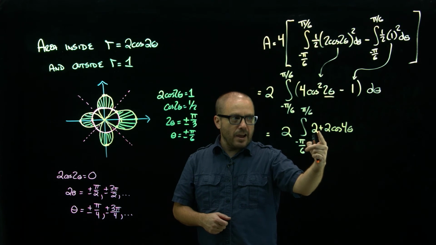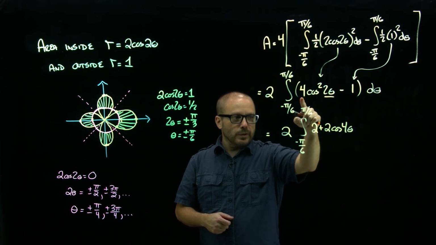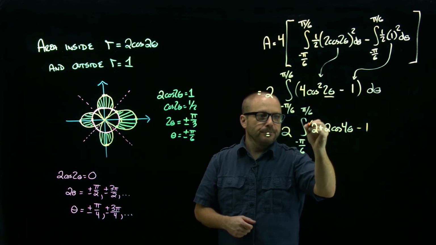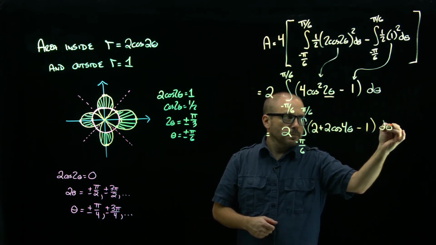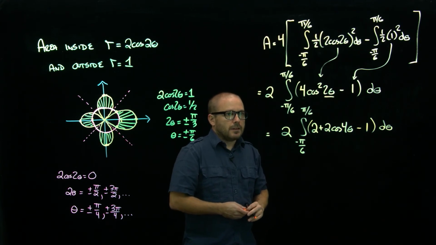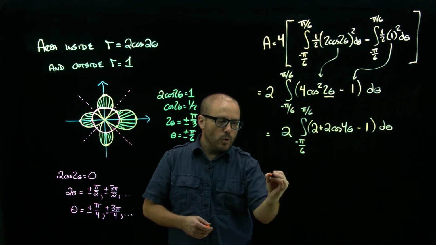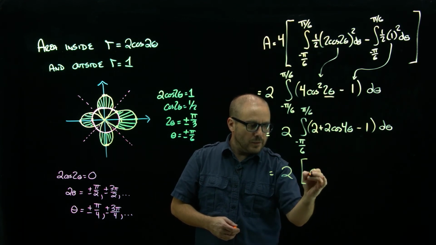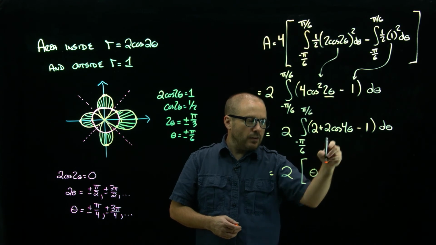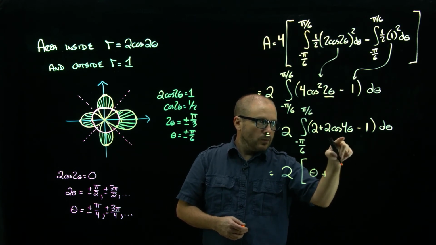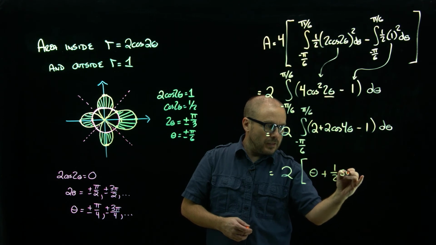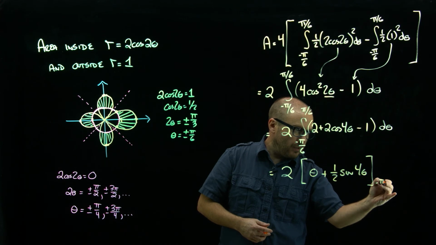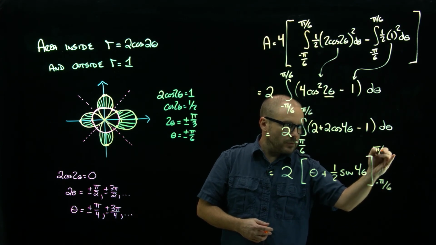So instead of 1/2 plus 1/2, multiply by 4, it's 2 plus 2 cosine 4 theta minus 1. Two minus 1 is 1. So integral of 1 is just theta. Here we're going to have to divide by 4, so that's 1/2 sine 4 theta, from negative pi over 6 to pi over 6.